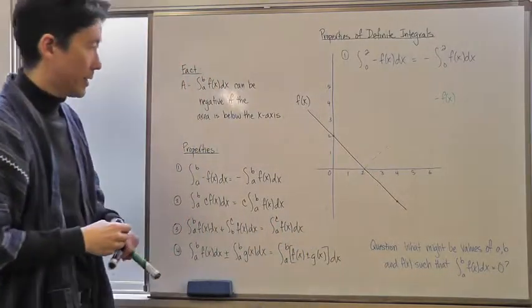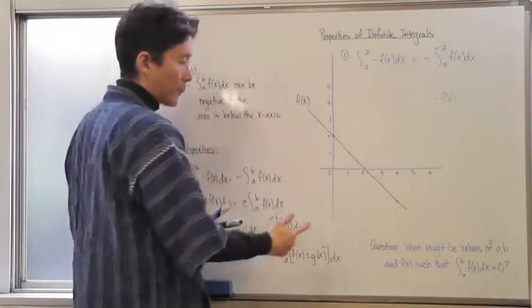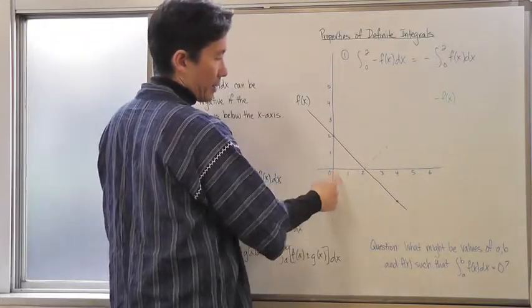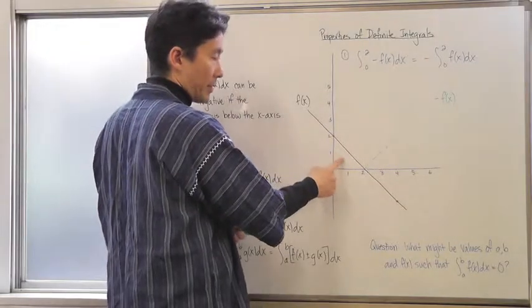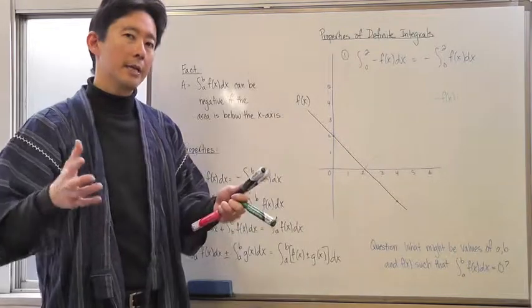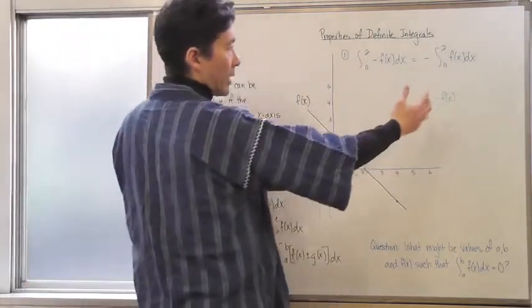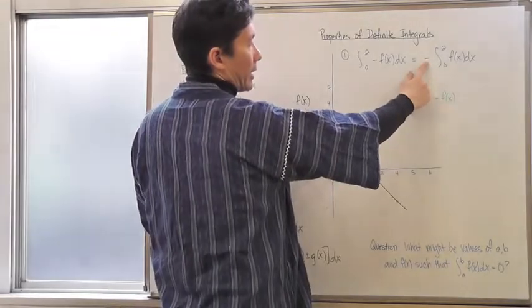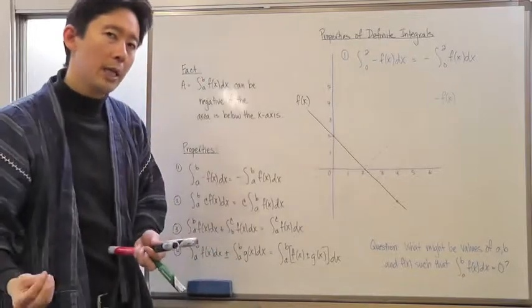If we take a look at the areas represented by these two functions between 0 and 2, notice that the area is exactly the same, except one area is positive and the other is negative. So in order for those two to be equal, we just have to multiply by a negative. And that's why I multiply this by a negative. In that sense, these two values would be equal.